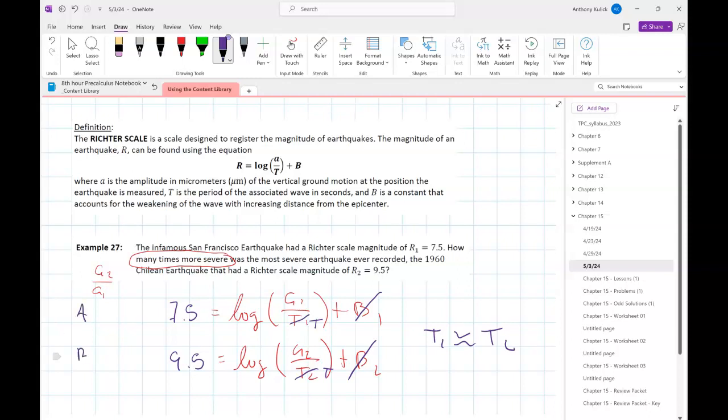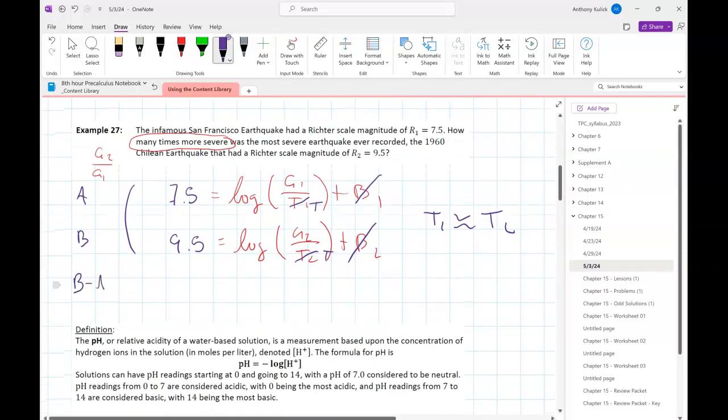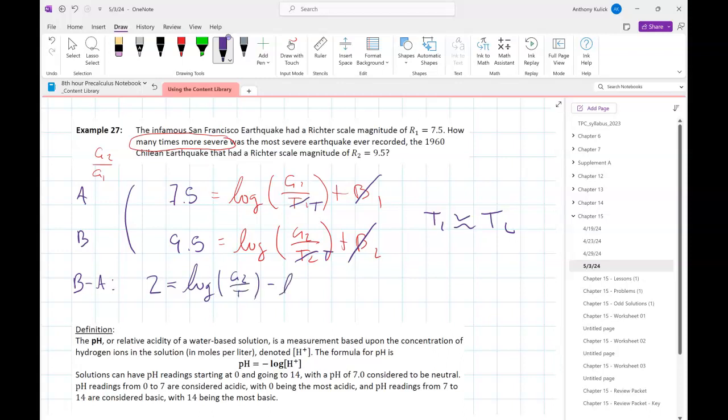So I'm going to refer to this as equations A and B. If I do equation B minus equation A, we get 9.5 minus 7.5 is 2. We'll get log of A2 over T minus log of A1 over T. What can I do with this? Participation time.